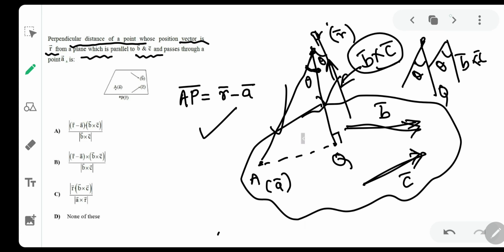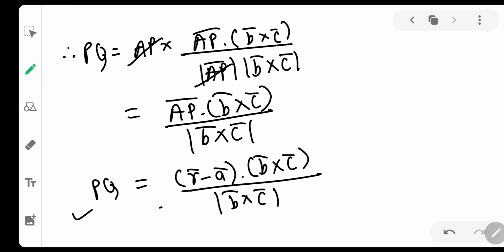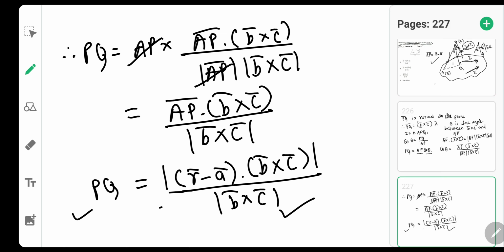As it is the length, it is always positive. So mag b bar cross c bar will be positive. Over here I will apply modulus so that it becomes positive, as the dot product could be positive and also negative. So this is the formula for the length of the perpendicular of a point from the plane.